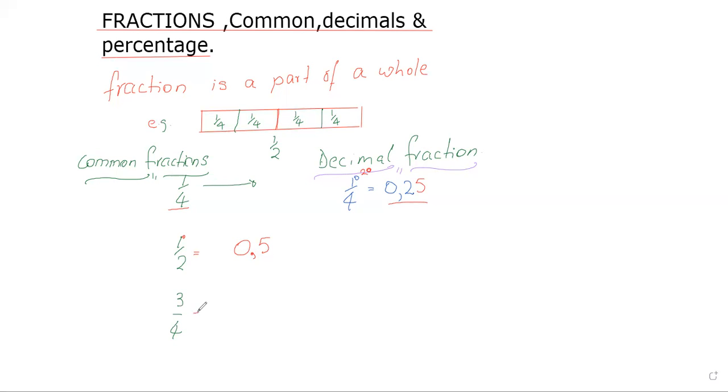Let's look at 3 over 4. You say 4 into 3, that's not possible. Put a small 0 there. 4 into 30 should go there 7 times. And 7 times 4 is 28. 30 minus 28, remainder a 2.